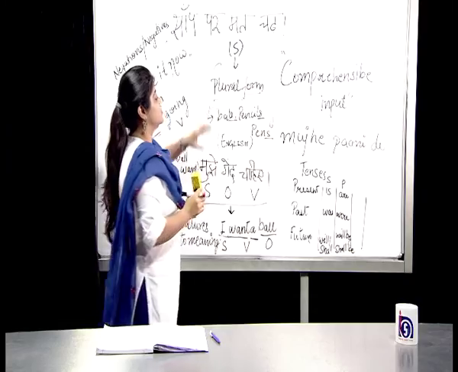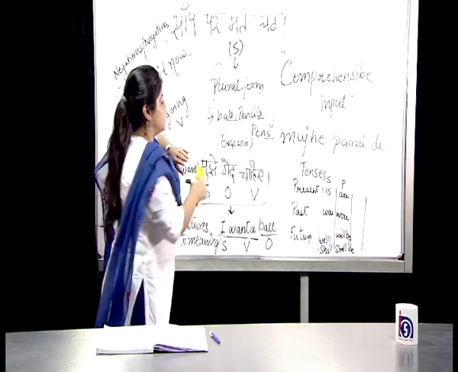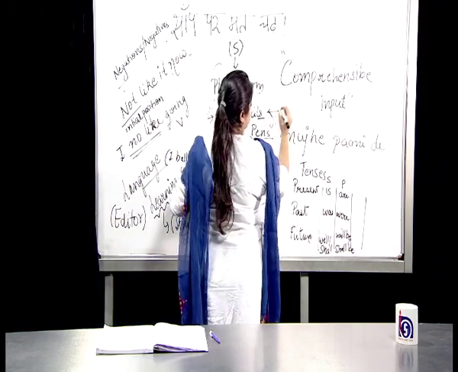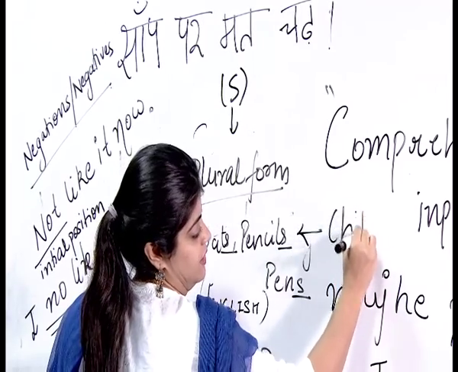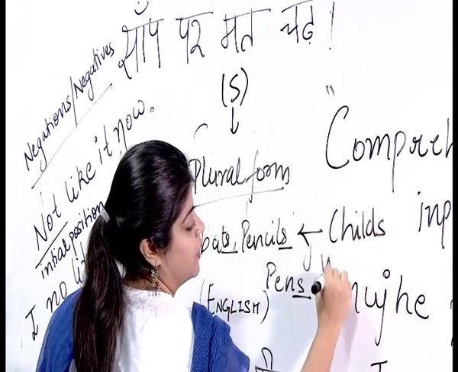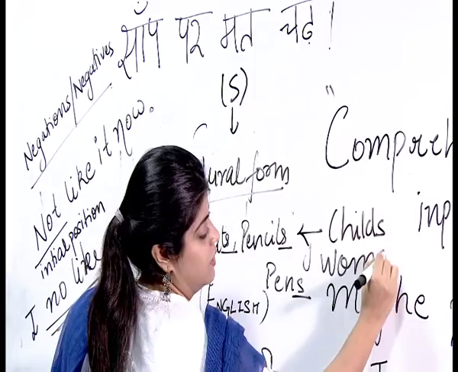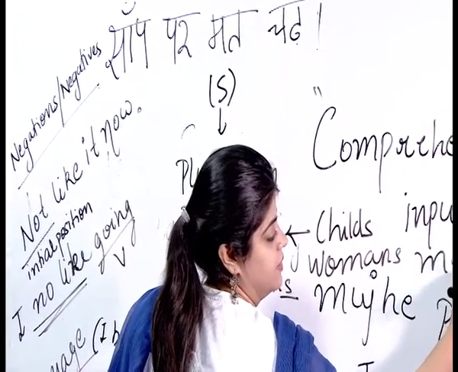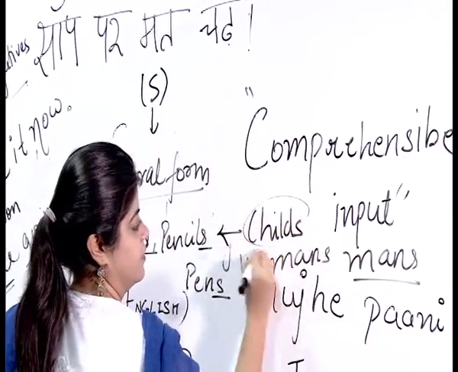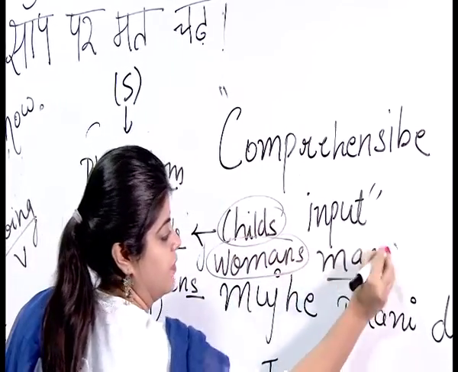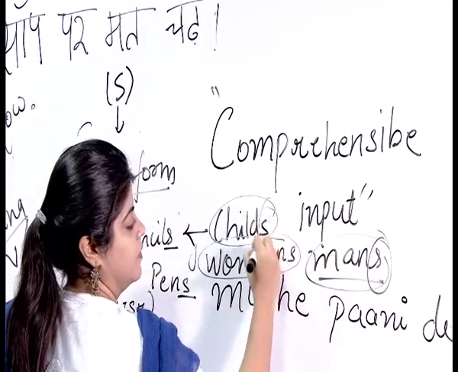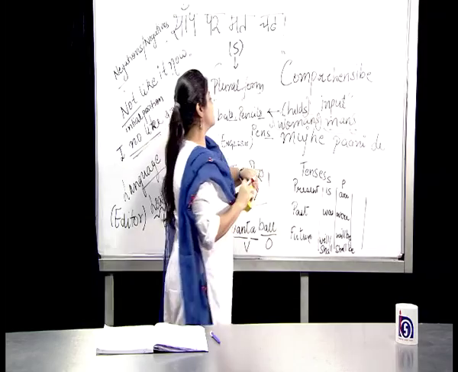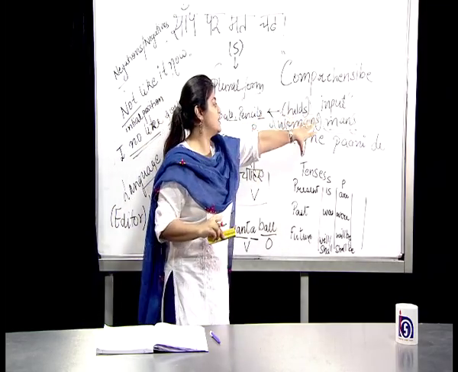At times, children also overgeneralize it to concepts like child's, woman's, man's. So this is where the child is actually making an overgeneralization.